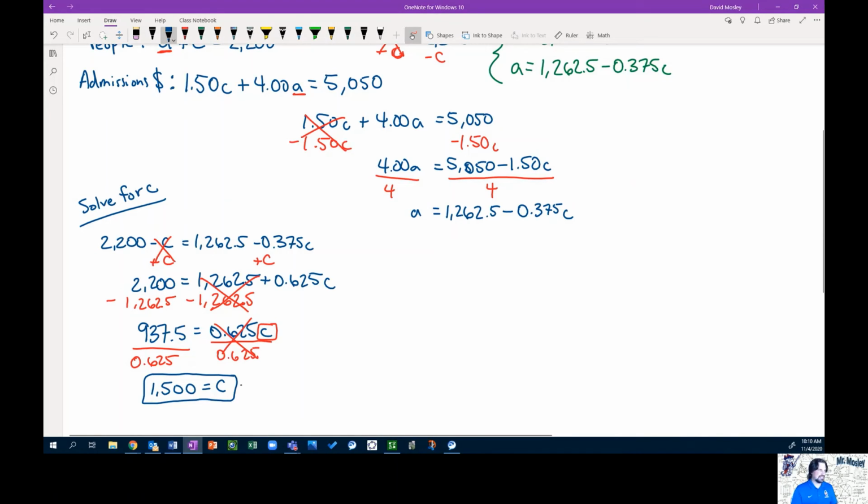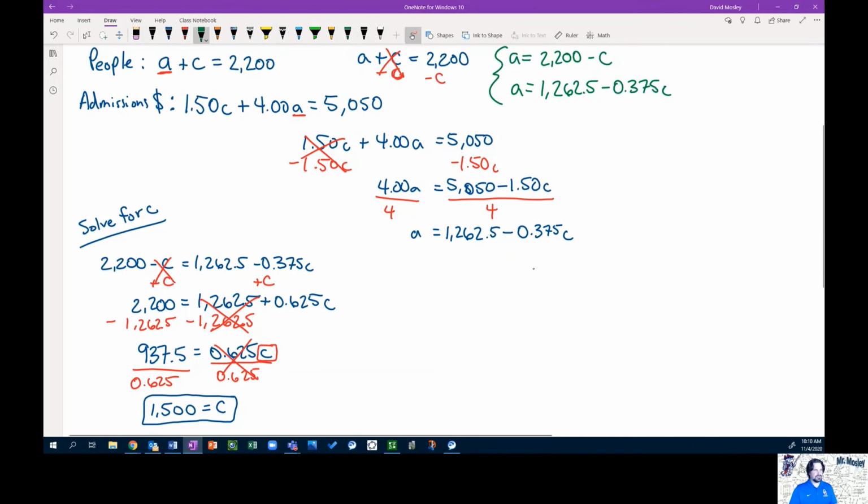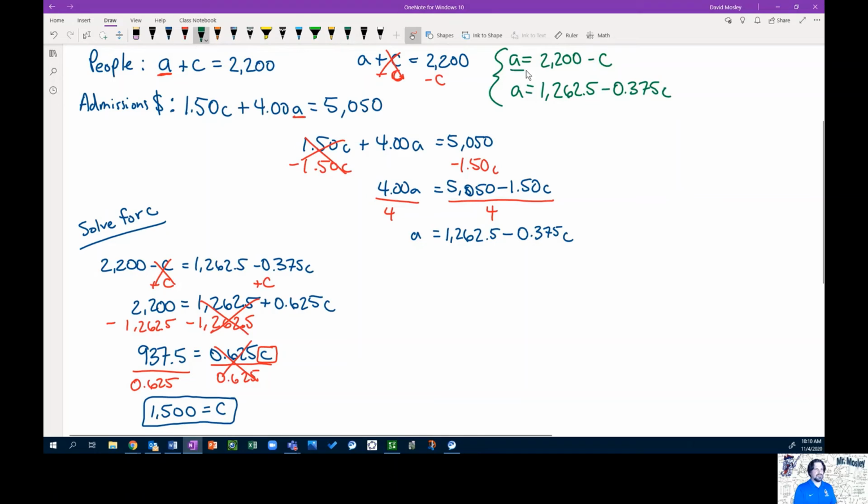Now I need to take this number and put it back into one of the two equations. I always like to choose the simplest equation, which is this one. So I'm going to take this value of C, 1,500, and replace it right here.